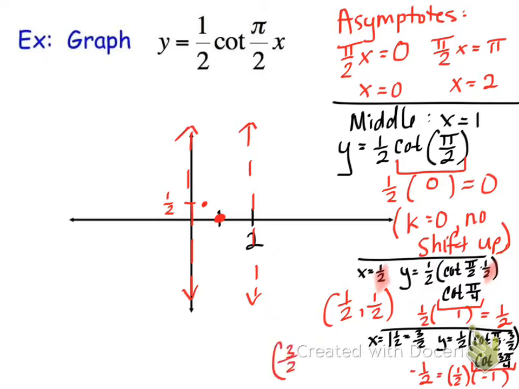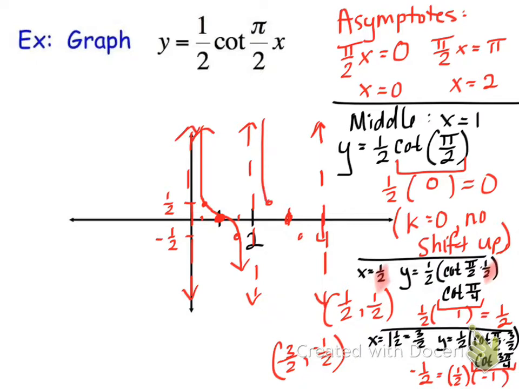So I have my second point. And that should make sense that it's negative because it's got to be this little wave thing, and then I can sketch it in. Now I could sketch a quick second period by simply sketching in another asymptote at 4 and sketching in another point here, here, and here. Same exact wave. It's all about middles and labeling your key points. And there's my second period of cotangent.